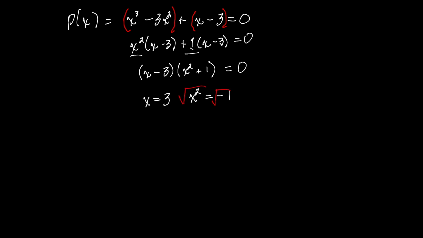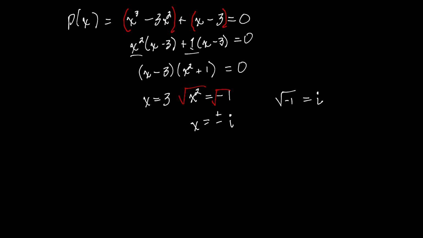When I take the square root of both sides, I get x equals plus or minus the square root of negative 1, which remember is our imaginary unit, and we use a lowercase i for that. So now I have my 3 zeros: x equals 3, x equals plus or minus i.